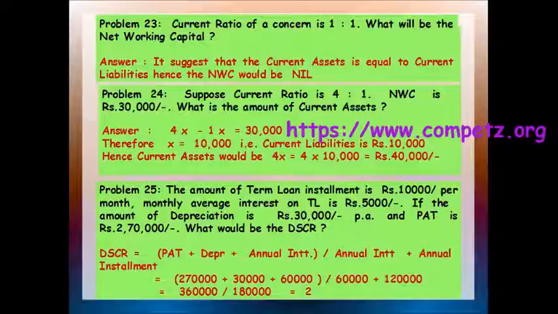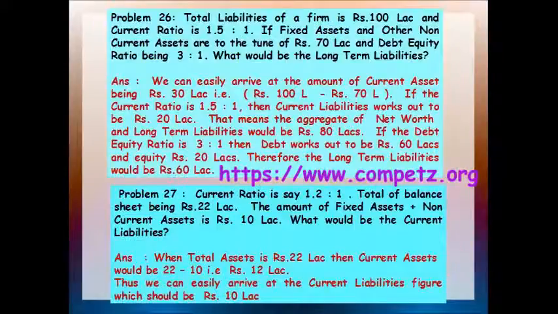So 10,000 multiplied by 12 you will get as 1,20,000. So in the numerator 3,60,000 divided by 1,80,000 in the denominator, you will get the answer debt service coverage ratio as 2.